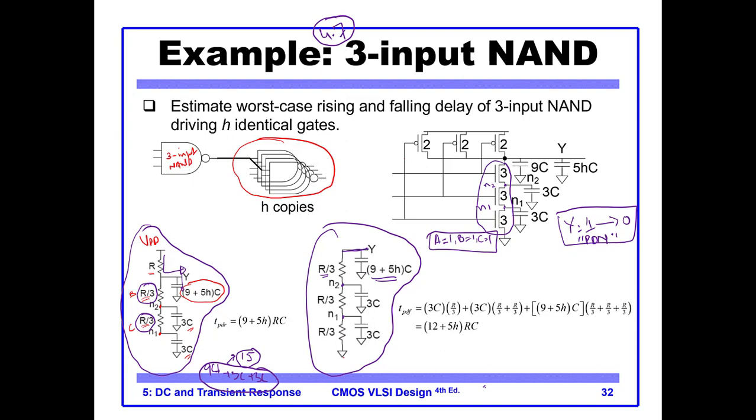Now if I ask you what is the propagation delay for fall, this is a nice example of Elmore delay. If we start from the N1 node, on N1 node we have a delay of 3C into R by 3.